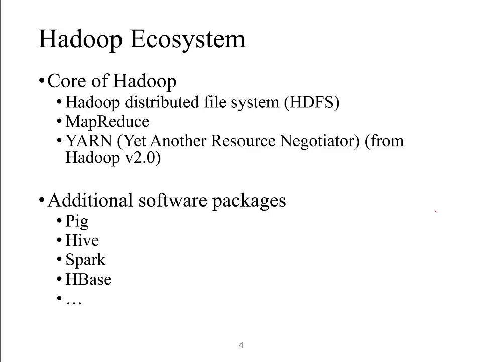This component stores different types of large data sets, like we have mentioned before, including structured data, semi-structured data, and unstructured data. It helps us in storing our data across various nodes and maintaining the log file about the stored data.